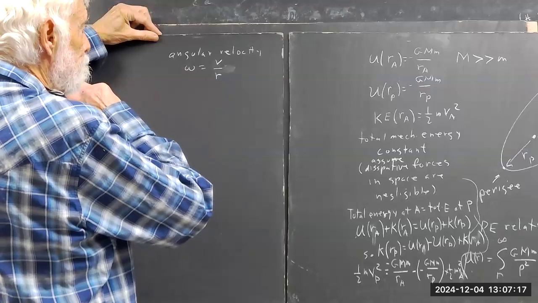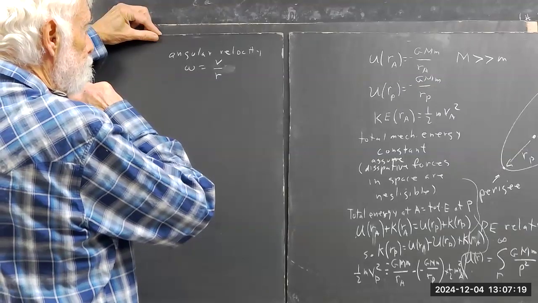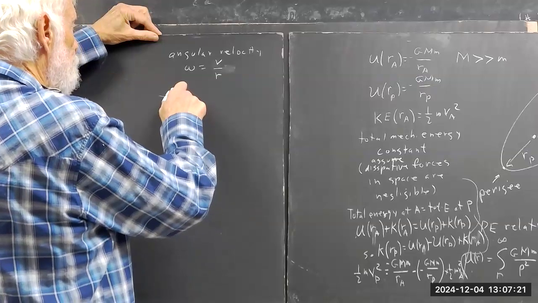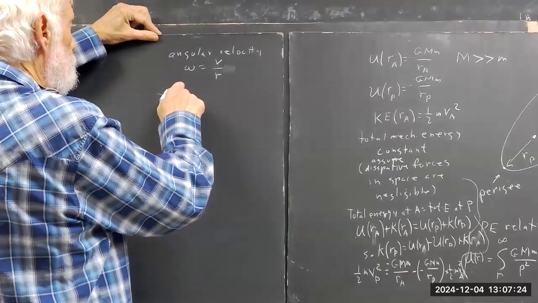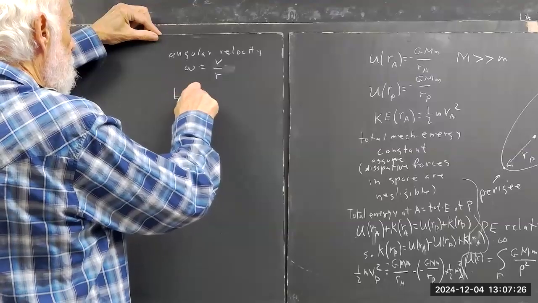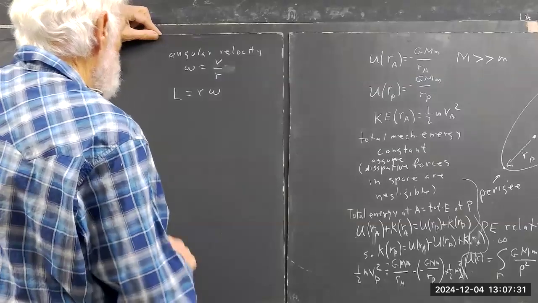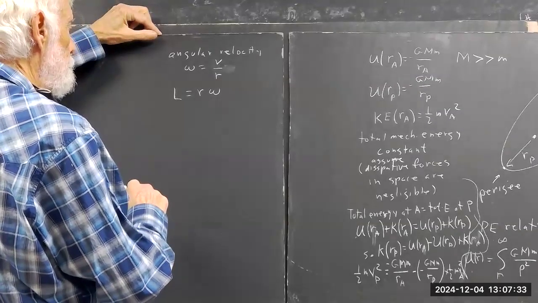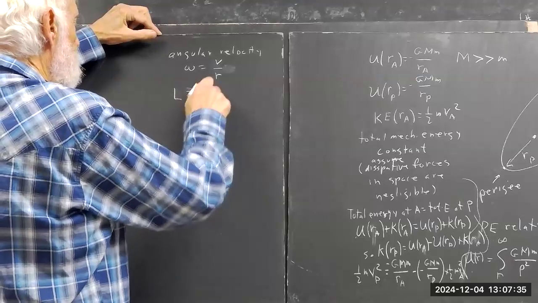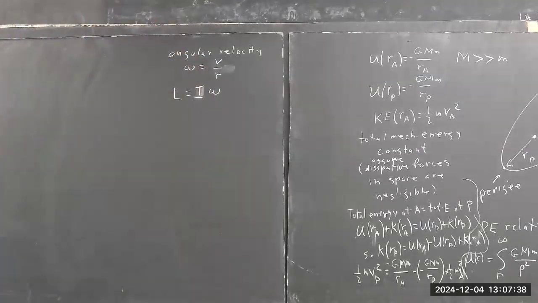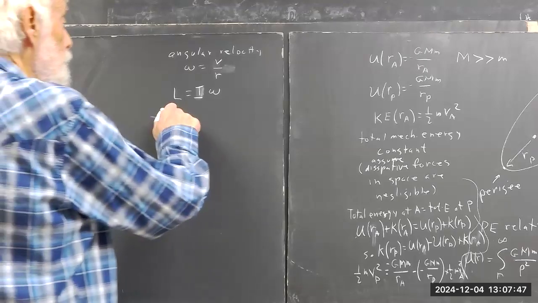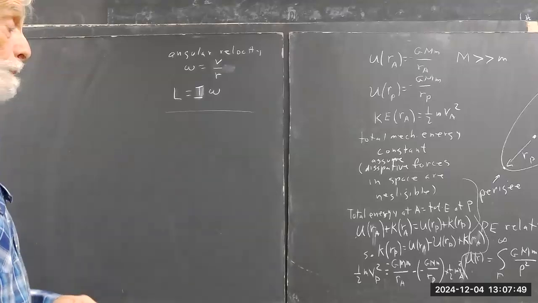And angular momentum is omega. Now, I think you have a cross product rule.